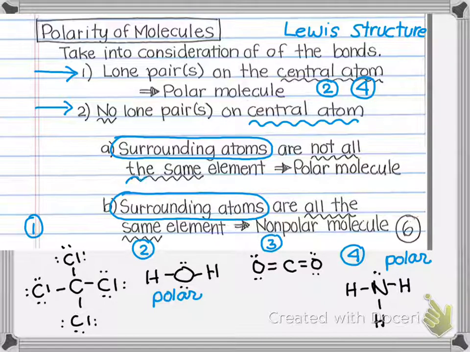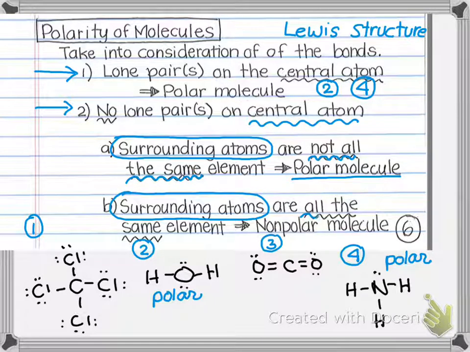The first example would be if they are all the same element. Oops, this says not all, sorry. If they are not all the same element, then it's polar. And remember, polar means that you have an uneven distribution of the electrons. You have partially negative and positive areas in the molecule. So if you have different elements, they have different attractive powers, and that's what causes it to be uneven.